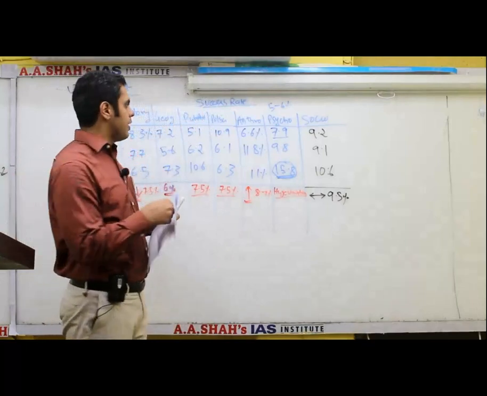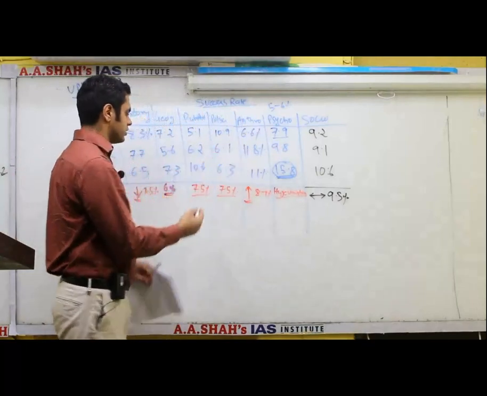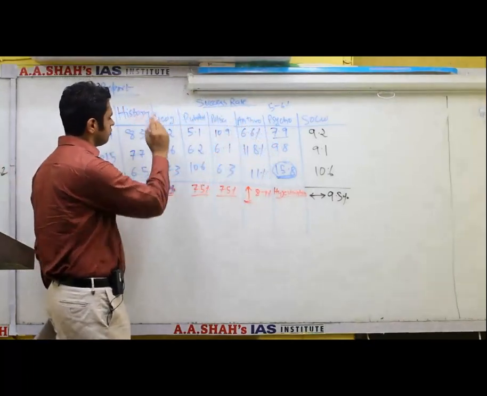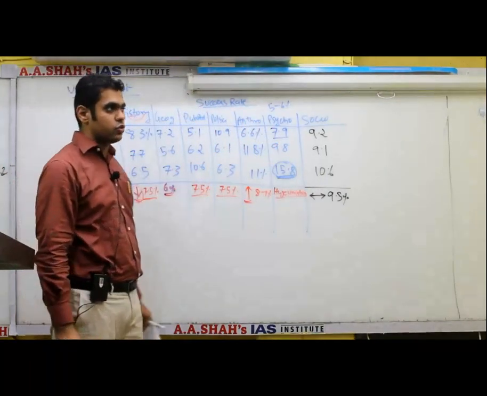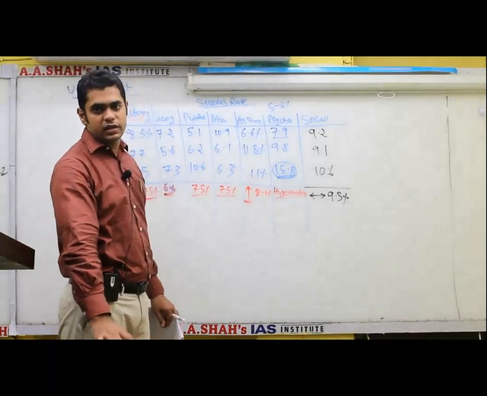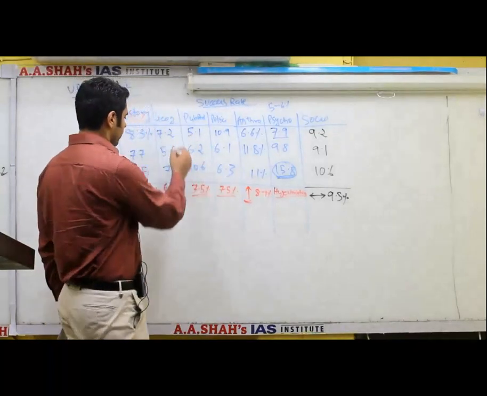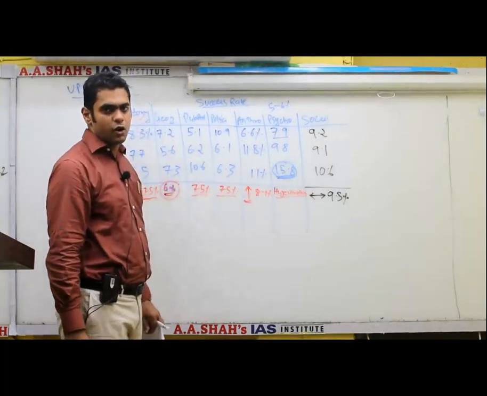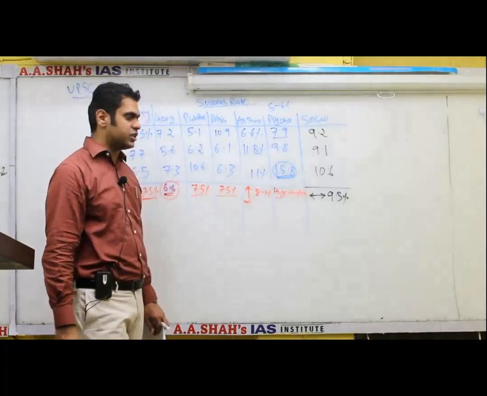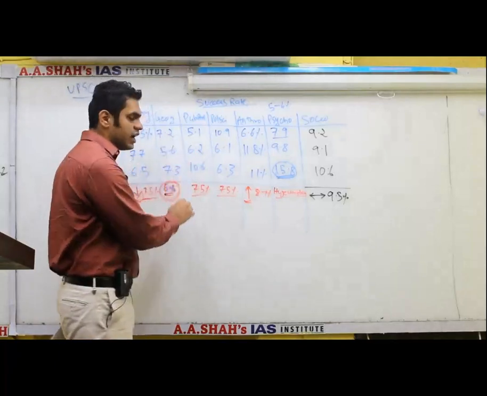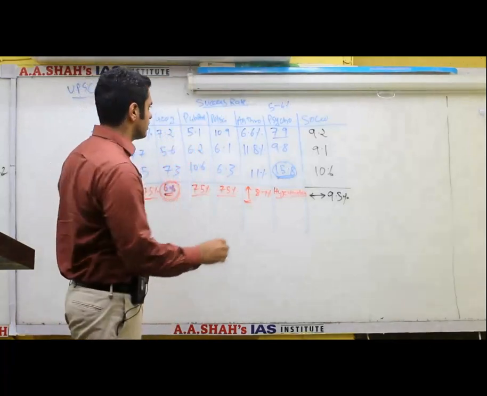So now if you compare all the figures, this is 7.5 having a downtrend. So history is not a very wise choice unless you are really confident about the optional and you feel that you can do well irrespective of the trend. Geography is giving a 6% success rate, which is very low. It is not even in the 2 digits. Forget about 2 digits, it is being scaled very badly in the last 5 to 7 years.